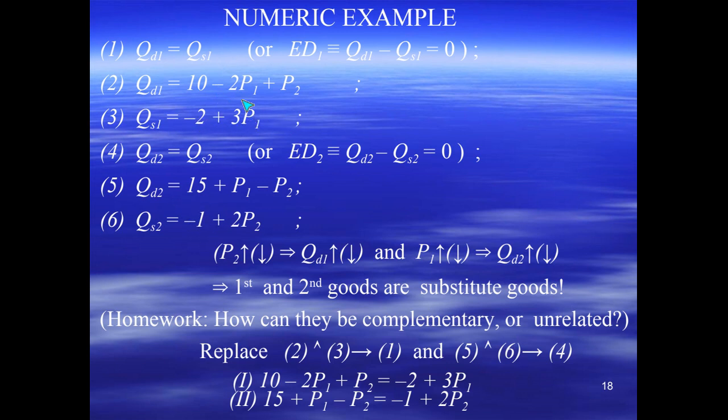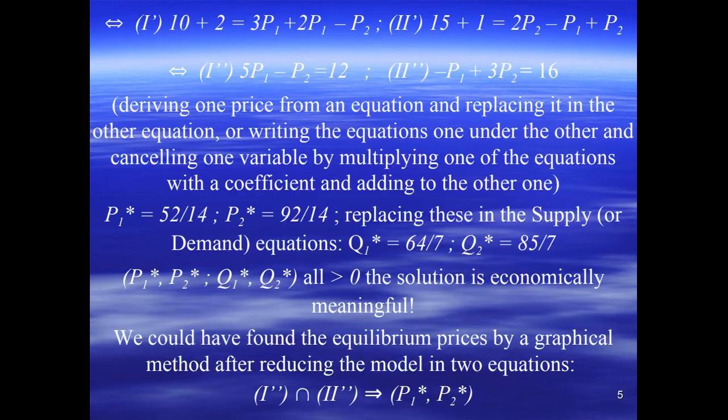But it doesn't make a difference. You can replace them in demand or supply. You would obtain the same solution anyway. So you obtain Q1 star is 64 over 7 and Q2 star 85 over 7.